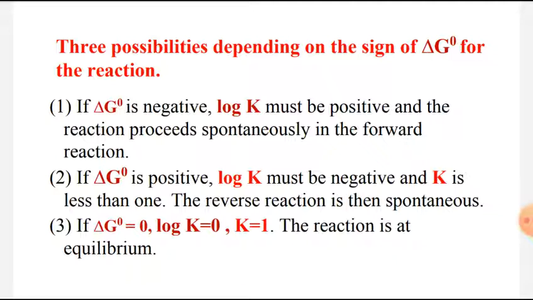If del G0 is positive, log K must be negative and K is less than 1, and the reverse reaction is spontaneous. If del G0 is equal to 0, log K will be equal to 0 and K will be equal to 1. The reaction is at equilibrium.